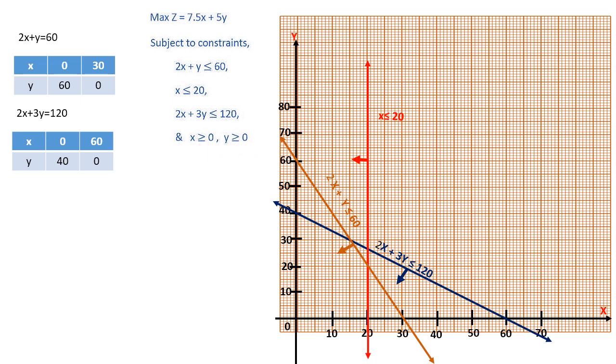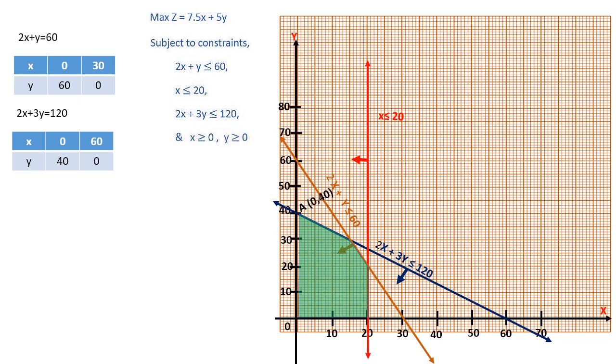Common region is the first quadrant. The feasible region satisfying these two inequalities is the first quadrant. And where all these 5 inequalities together satisfy, the region is this one, and that portion you have to shade, that is the feasible region for all these 5 inequalities.